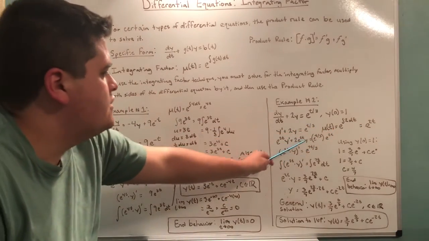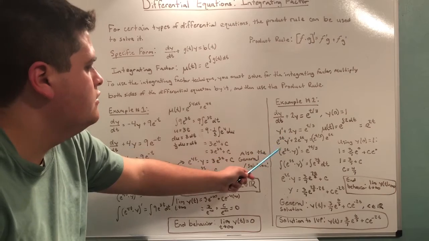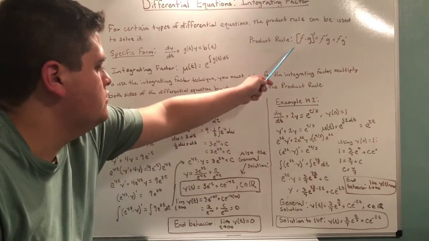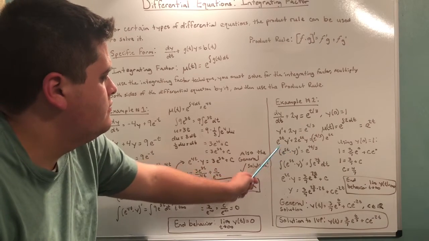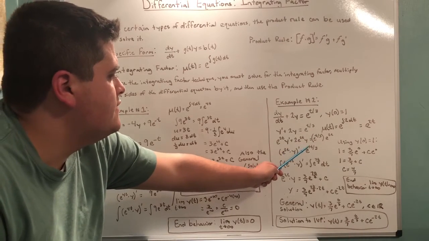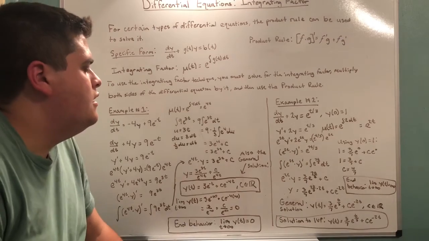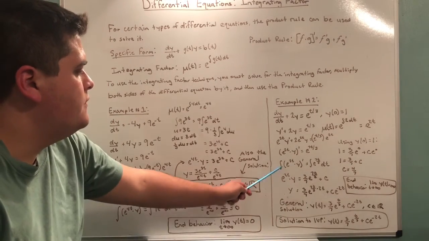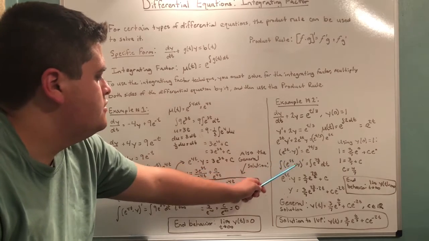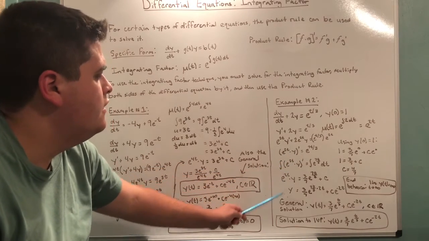We'll multiply each side, and then we use the product rule, and we get e to the 2t times y prime is equal to e to the 7t over 3. Now we can integrate both sides by dt. So now the integral of this derivative just leaves us with the function inside.